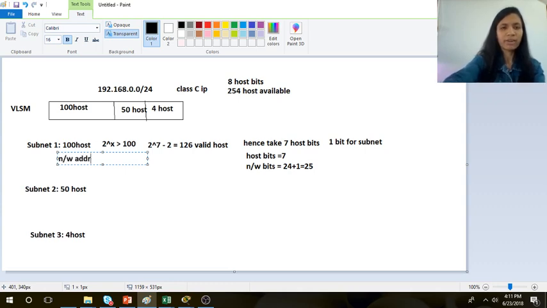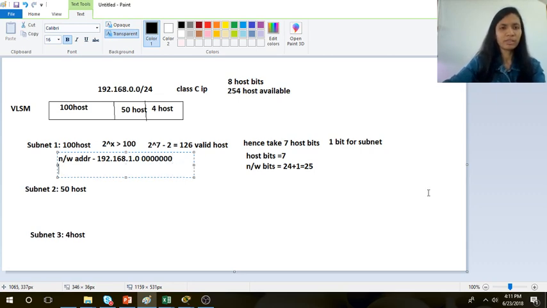The network address for subnet 1 is 192.168.1. Here I have the first bit as the subnet bit, which is 0, and the rest of the host bits as all zeros.